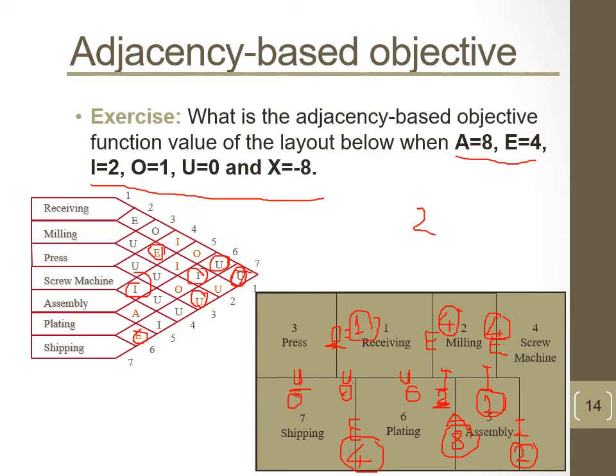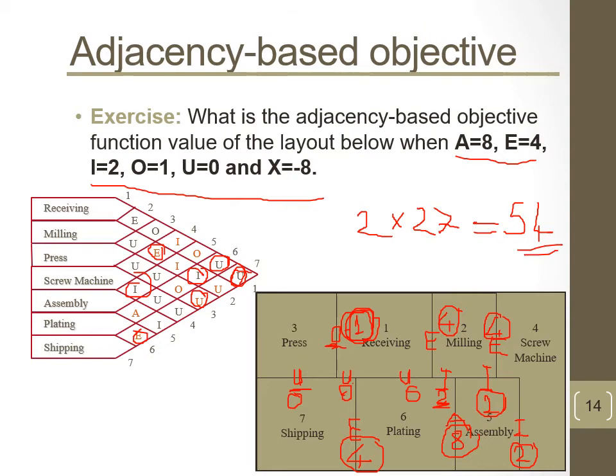So 27 is the total adjacency-based score if we count the adjacencies only for half of the matrix. We only said that 1 is adjacent with 3, and we counted this one once. If you do it for the whole matrix, then we need to multiply this value by 2 to obtain 54 as the adjacency-based score. Okay, so this is how we calculate adjacency-based scoring.